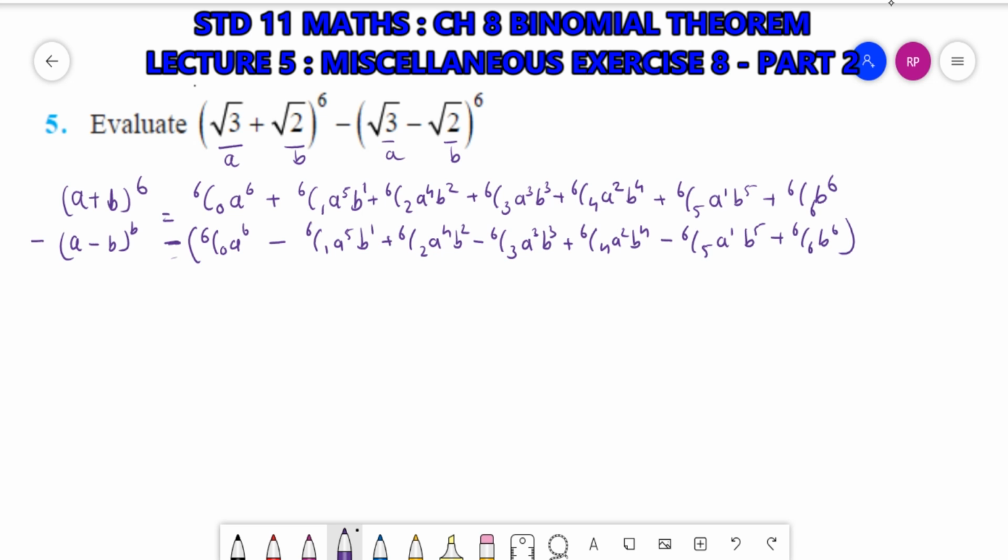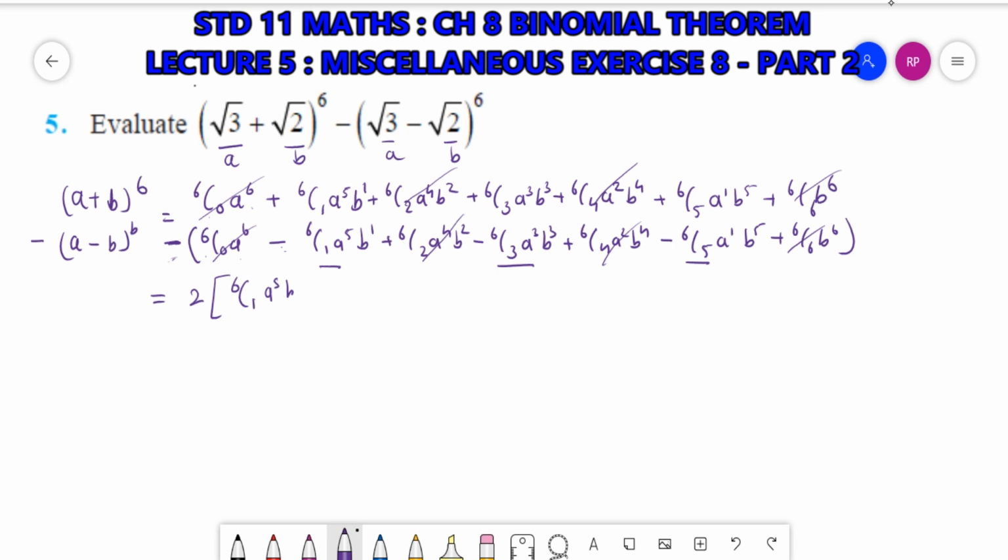As there is a negative sign, 6C0 a raised to 6 minus 6C0 a raised to 6 cancel. The terms having the same sign will get cancelled. Now see, 6C1 a raised to 5 b raised to 1, minus minus becomes plus, 6C1 a raised to 5 b raised to 1. So every time it will be twice, so I can take 2 common.